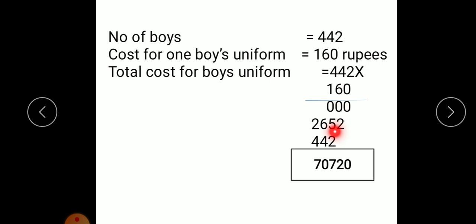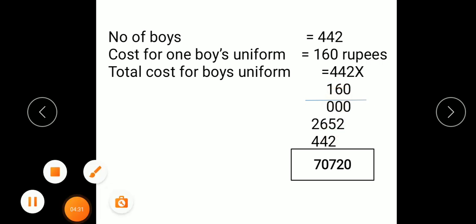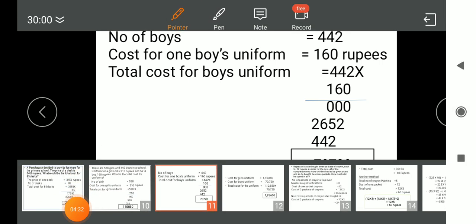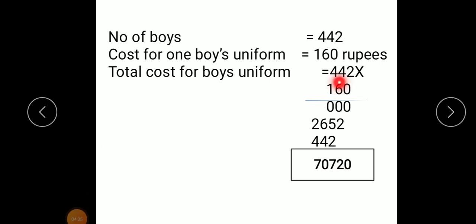Again 2 is remaining in our hand. 6 fours are 24. 24 plus 2 is 26. So write 26 here, and in the next step multiply from the hundreds place, that is multiply with 1.